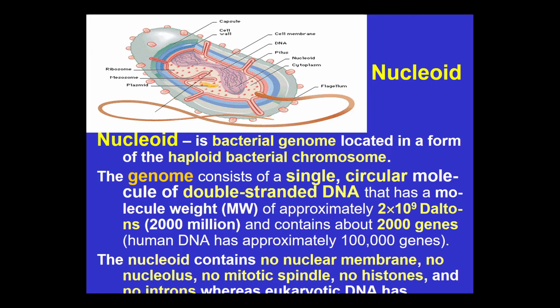Of course, a very important portion of the bacterium is the nucleoid, where the bacterial genome is located. Usually the genome consists of a single double-stranded circular molecule of DNA that has approximately 2,000 to 4,000 genes. You compare that with humans, who have approximately 100,000 genes.